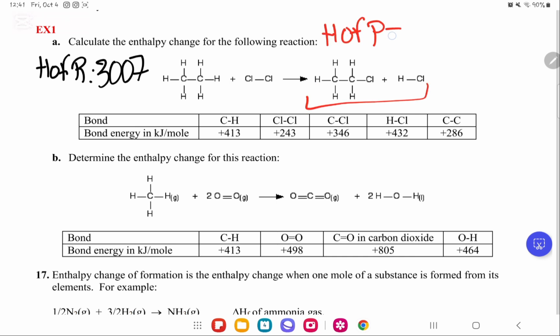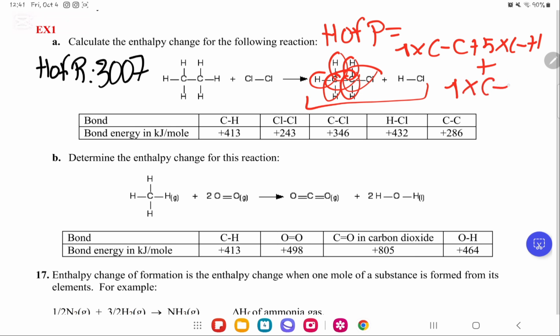Heat of products is equal to, we have 1 C bond, we have 1, 2, 3, 4, 5, so plus 5 CH bond plus 1 CCl bond plus 1 HCl bond.